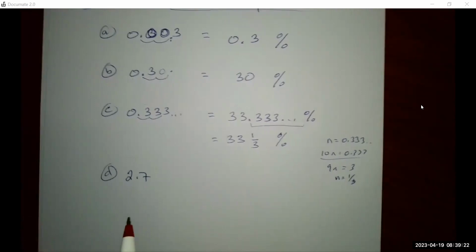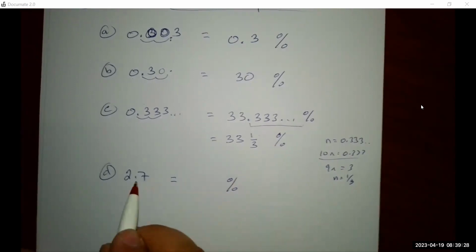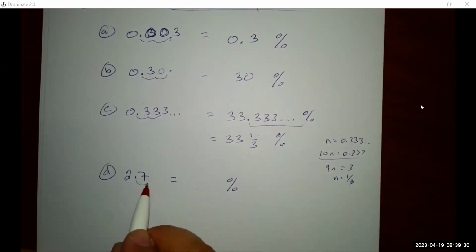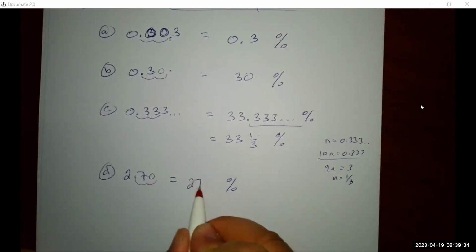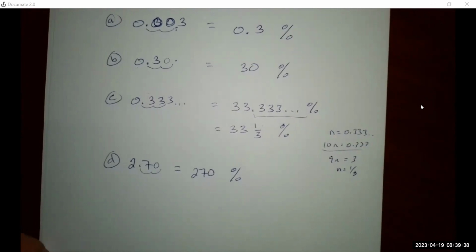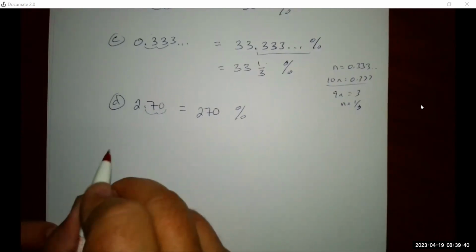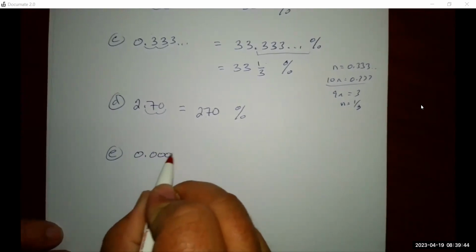Next, 2.7. Move it 2 to the right: 1, 2. So put a 0 there. So it's 270%. And also very, very small numbers.